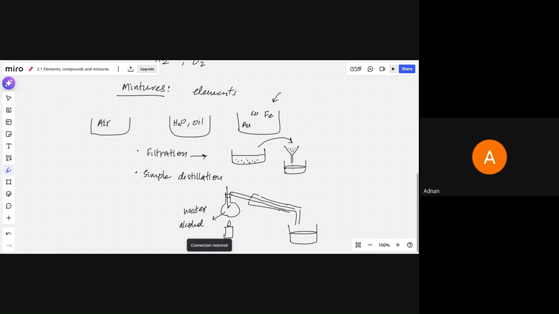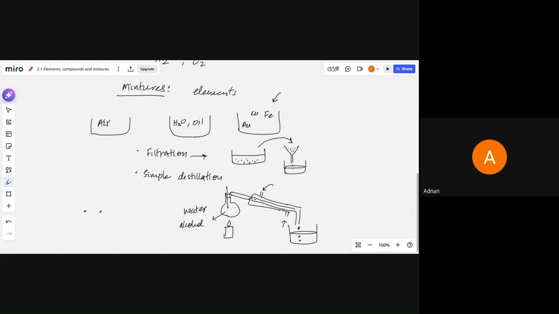It will change into vapors, and the vapors of alcohol will pass through this condenser, and water is flowing in the outer tube, which will cool down the vapors of alcohol, and they will condense, and alcohol will be collected here in this flask, and the water will be left in this round bottom flask. So this is basically what simple distillation is.